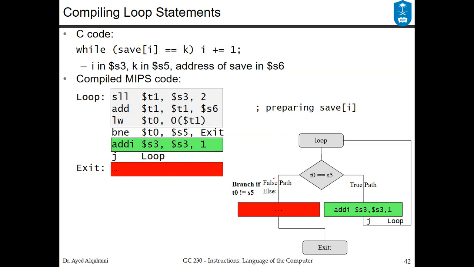Otherwise, you work with the true path, which is add immediate S3 plus 1, and you put it in S3 again, meaning that you're incrementing the value of I, and you jump. Where? Let's go back.